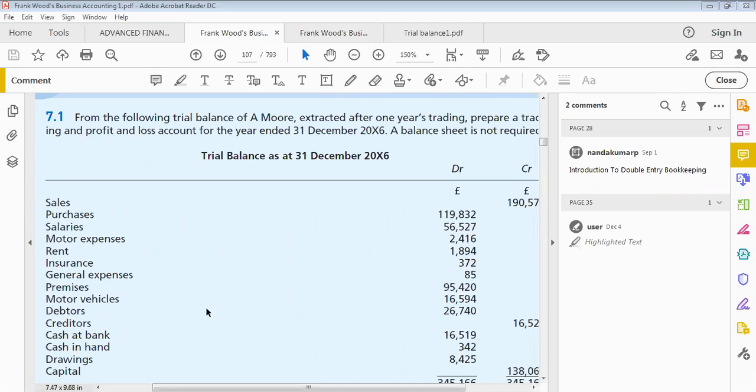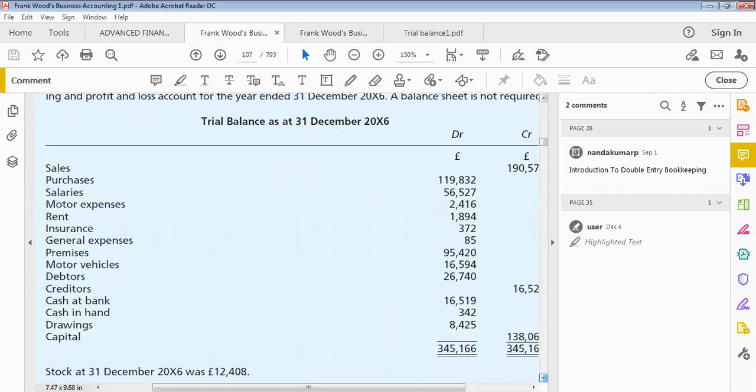What are your current assets in this case? Cash in hand. Yes, what else? Cash at bank. Yes, what else?